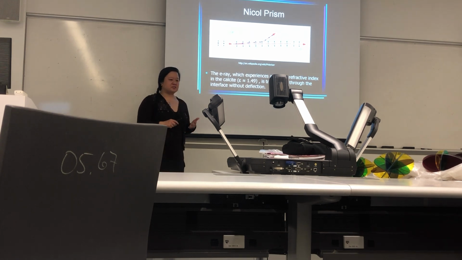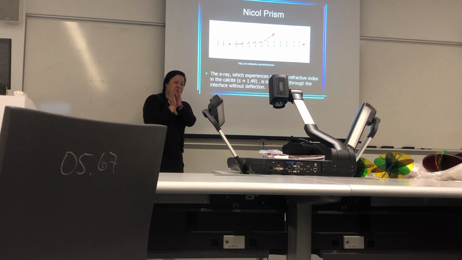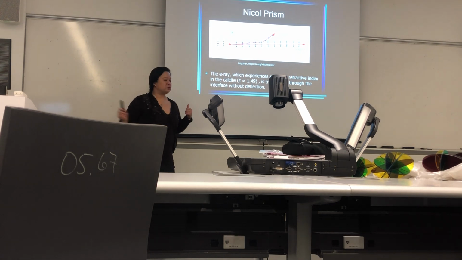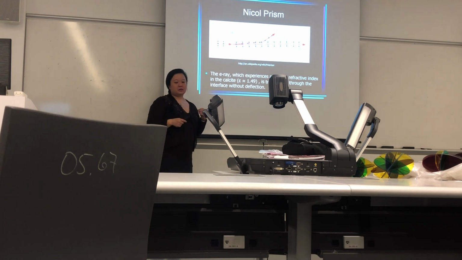And remember, because the E and the O, in most instances, will have a different refractive index, it means that they'll travel different paths. One's moving faster than the other, one's bending more, one's bending less than the other. Same concept when it comes to refraction and the degree that light is slowing down, which will be related to the degree that light is bending, either towards or away from the normal.